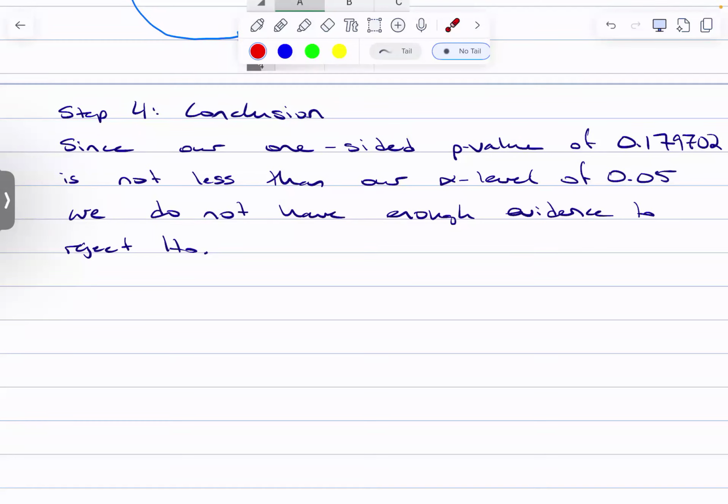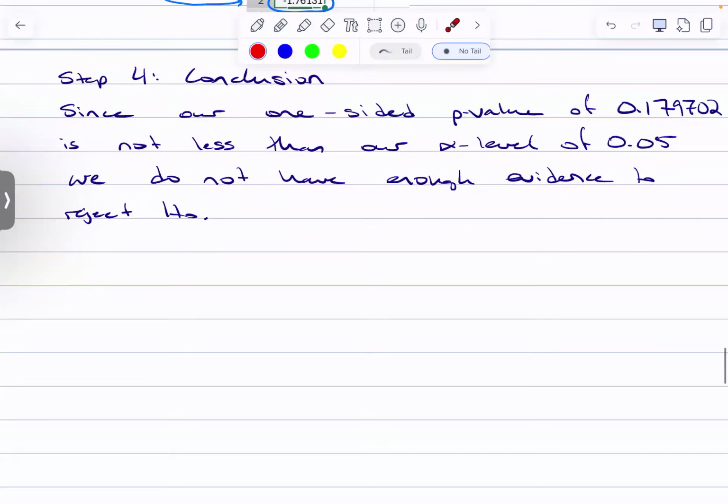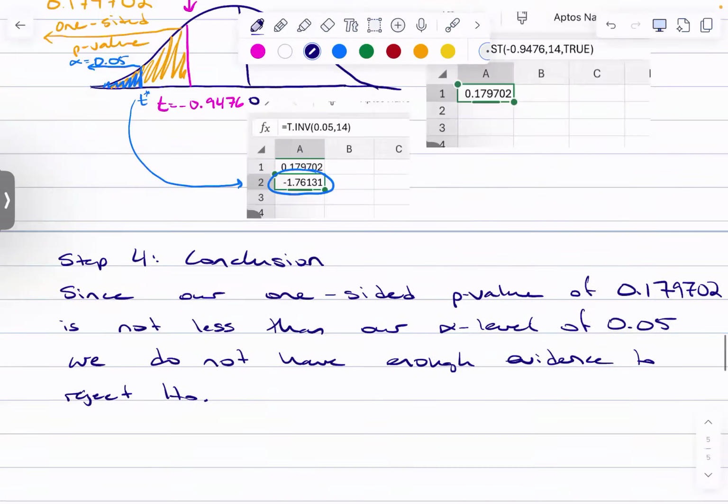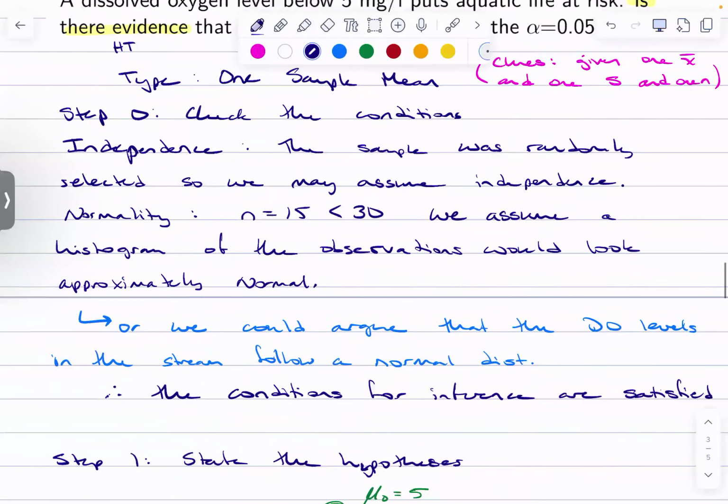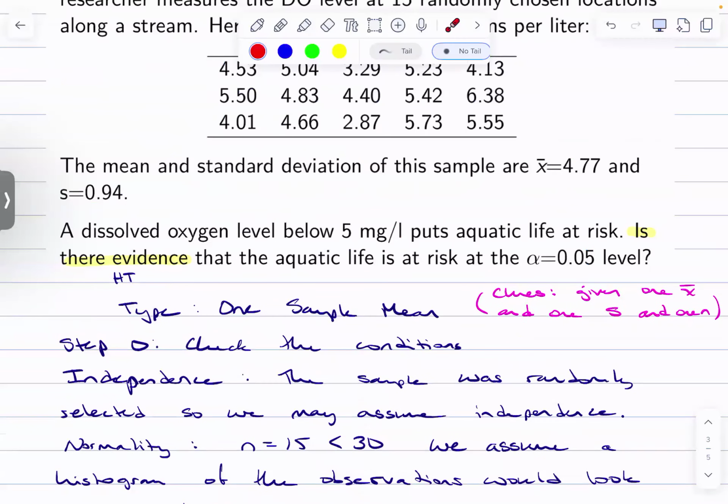And usually the way to remedy a type 2 error is to collect a bigger sample size. And so that's why I say, well, then you should have collected a bigger sample size. It all comes together. This means that, and this is where, is there evidence that the aquatic life is at risk?